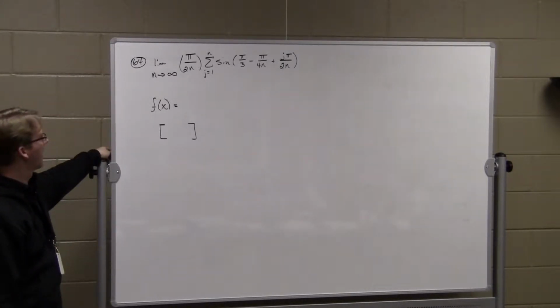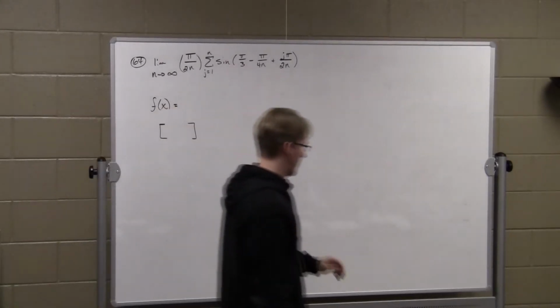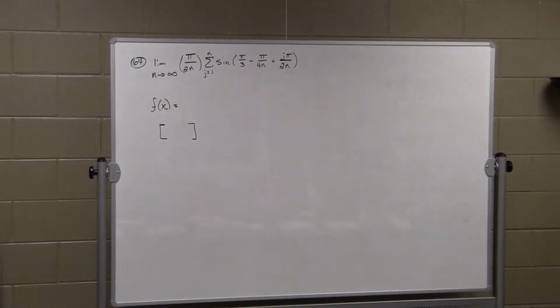So we want the function. Wouldn't the interval be... Tell you where I would start first. Probably the easiest thing to do on this one is to determine the width, the delta x. Where do we look to find it?